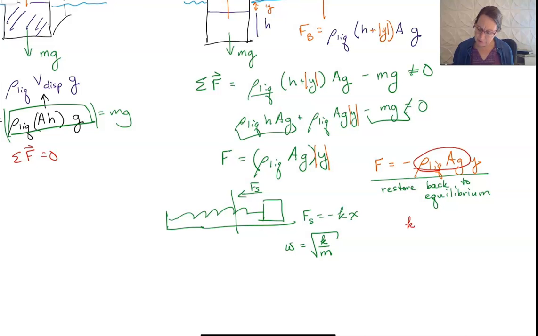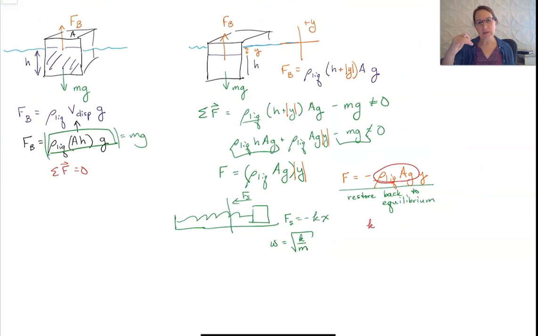So the effective k for an object that gets displaced in the water and then oscillates back and forth is just the density of the liquid times the cross-sectional area times g. That would be your k. Your omega is then the square root of the density of the liquid, A, g over the mass. And that can then tell you the period, same as before, 2 pi over omega. That tells you about how fast something is going to oscillate if you put it in the water, push it down, and then it bounces up and down.